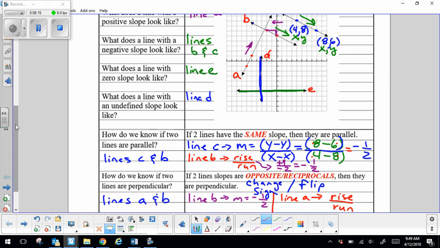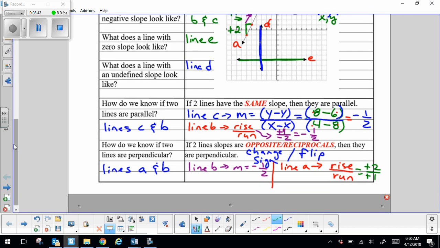So from this point, I'm going to walk myself up to the location on the y-axis where it's going to stop. So I went up 2. So that's my rise. Okay, so I'm going to just put over here +2. And then my run is looking like I'm going +1. So +1.